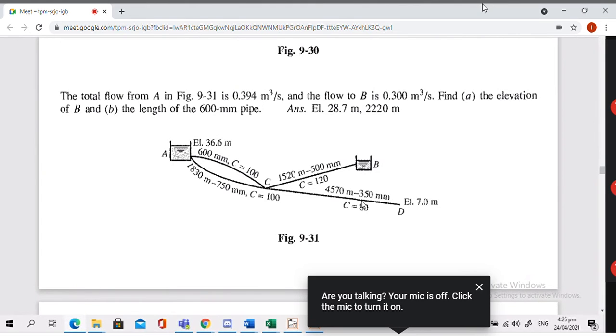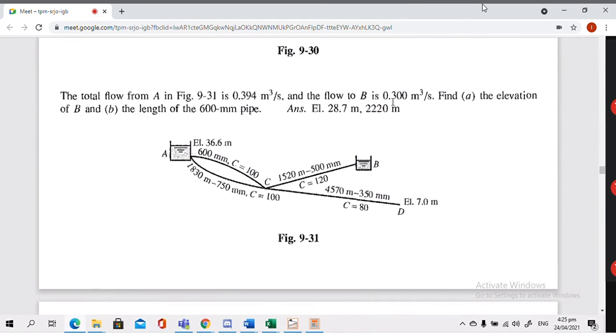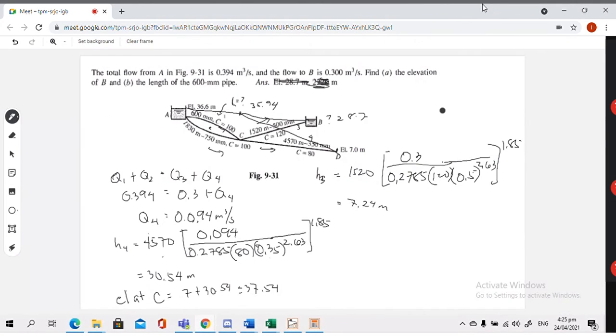Now 36.4570, 0.394, 0.3. Everything is correct, elevation 7. Okay, so there's something wrong with the problem. The problem is the error. Q1 elevation is 28.7, so 35.94.